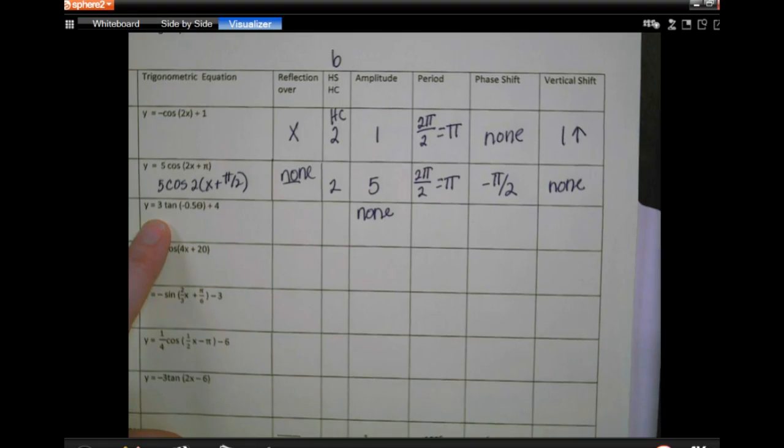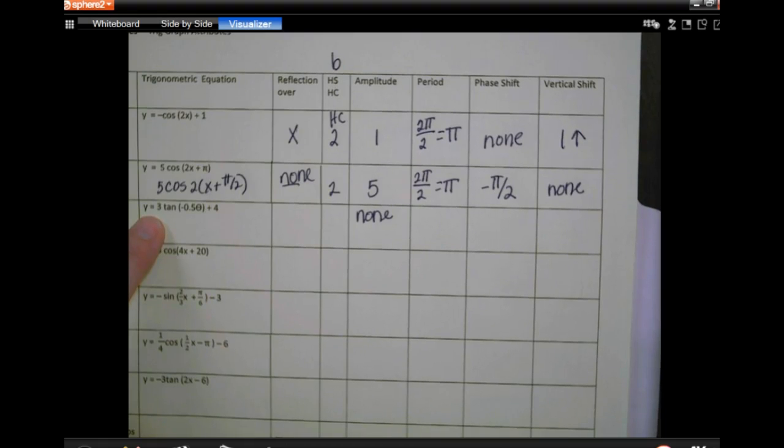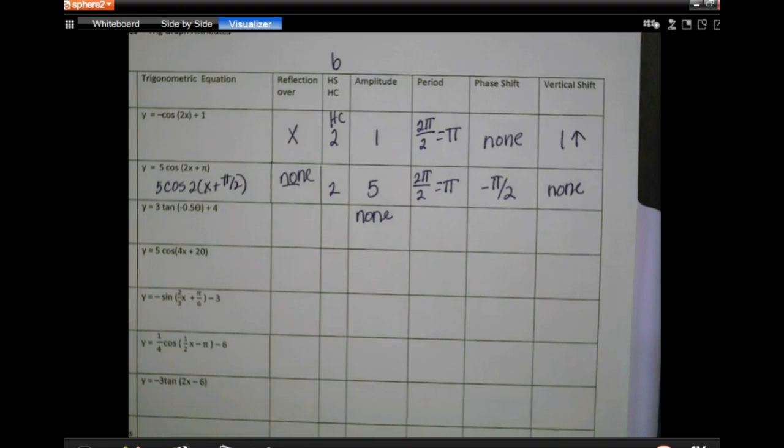Do I multiply the 3 times the x or times the y? Inside is the x and outside is the y. So I would still multiply the y times 3, right? But the amplitude is none, but I would multiply my y column times 3. Does that make sense? Okay.